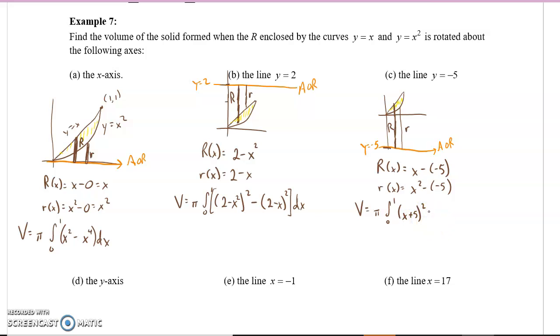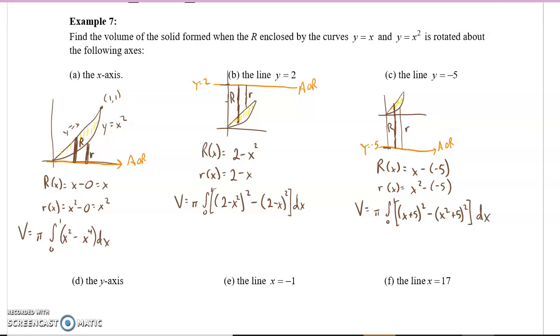We'll square big R, and then we'll also square little r. We'll subtract those two values. So x squared plus 5 quantity squared is the little r squared. And then we will subtract big R squared minus little r squared and get that dx out there as well. And that would be a good setup for that problem.